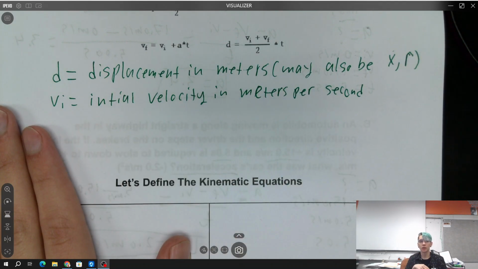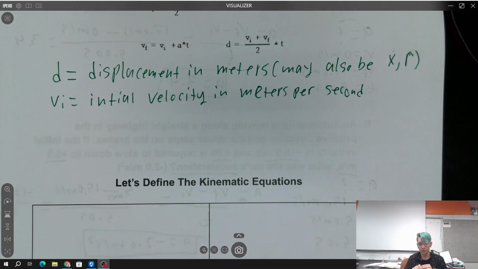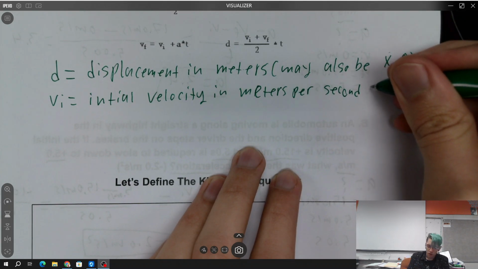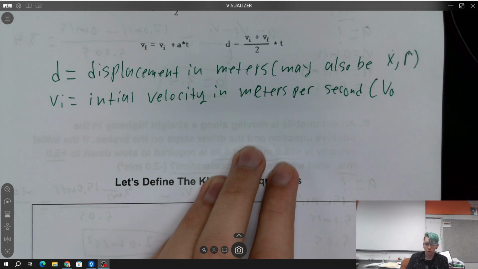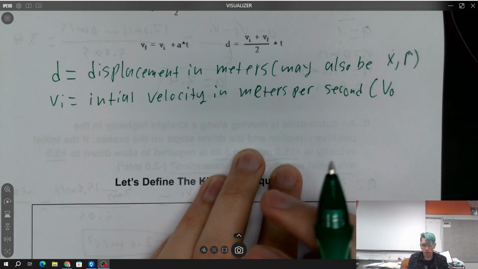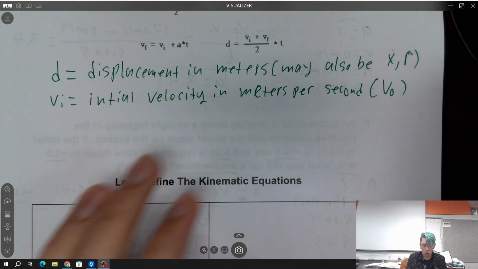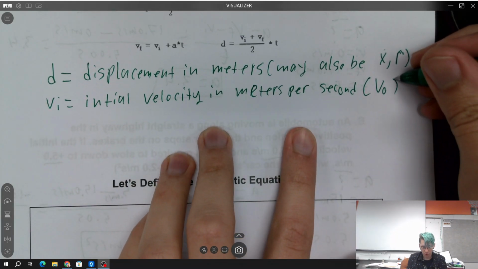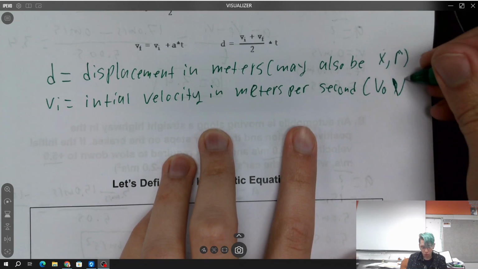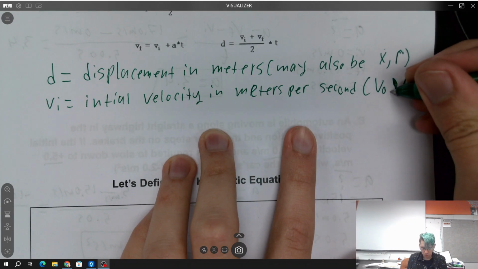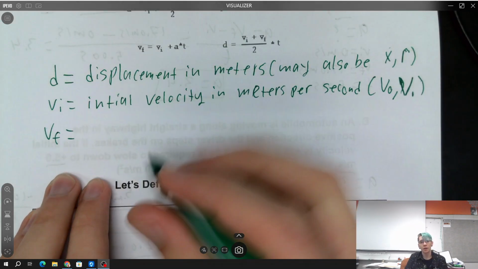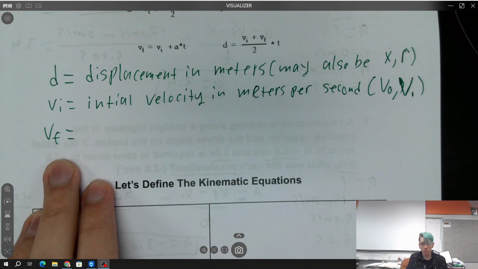So sometimes we may have to convert a unit to make it work with the rest of the units we have. And then initial velocity can also be V node, or V0. Or also, my bad, it can also be V1, please pardon me. And then for final velocity, they will use V2. So usually you'll see VI or VF. Those usually work the best. But you may see someone say V node or VI. Sorry, V1.